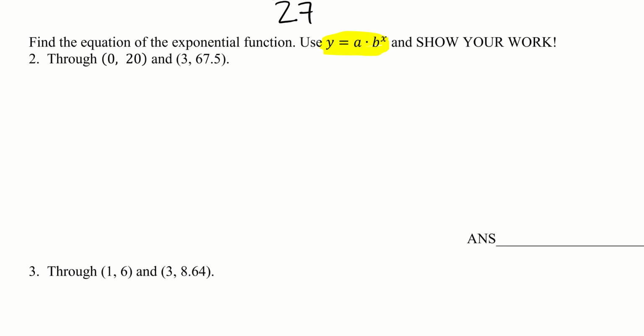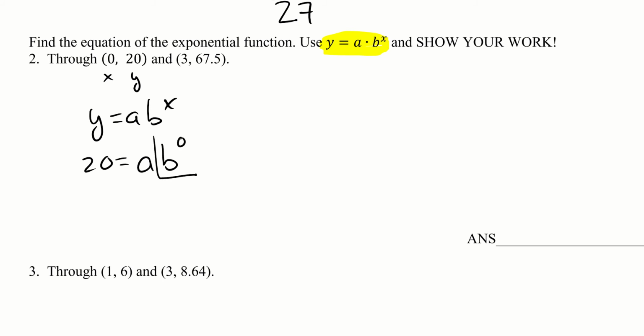The other thing that's really nice about this problem is they're giving me the value of a, right? So if I was to just take this x value and this y value and plug it into y equals ab to the x power, the y is 20 equals, and then I'd write an a times b, and my x power is 0.